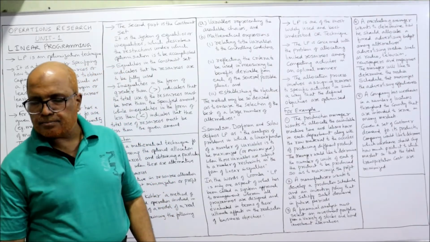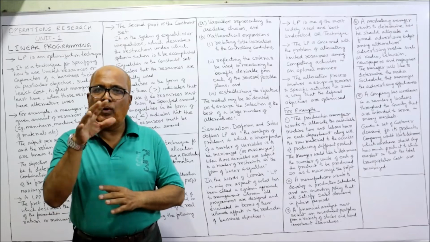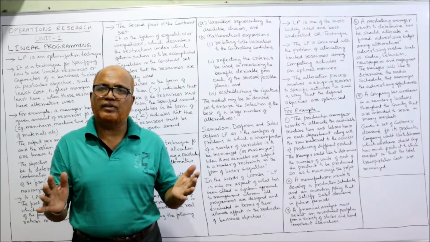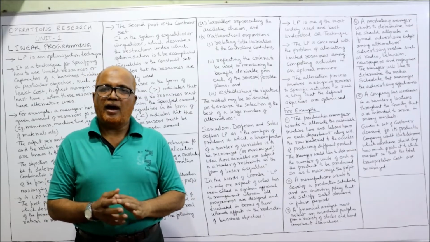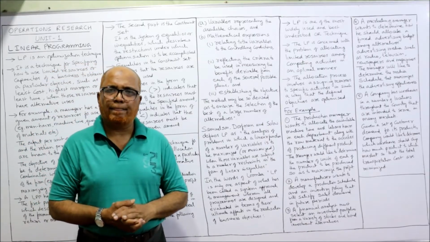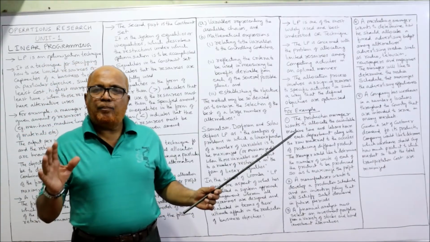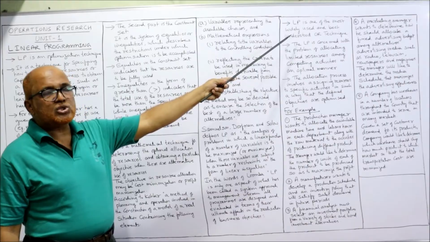Finally, Lumba says that all these planning systems approaches will be implemented in order to attain the objective of the business. So these three definitions I have given, and in the examination you may be asked to give 1 or 2 definitions regarding linear programming.